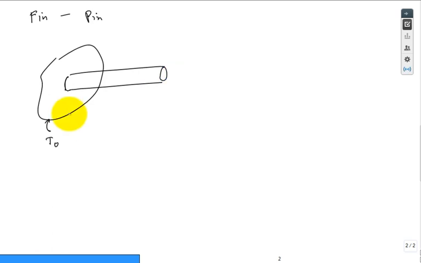So that's a pin fin. We introduce a coordinate system, X, going out. The length of the fin goes from 0 to L, and the diameter of that pin fin is diameter D.